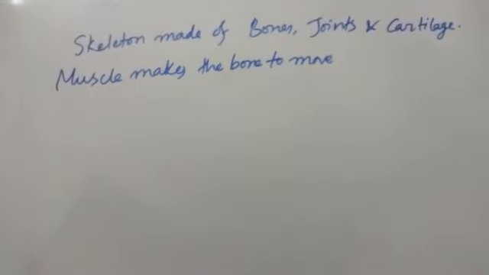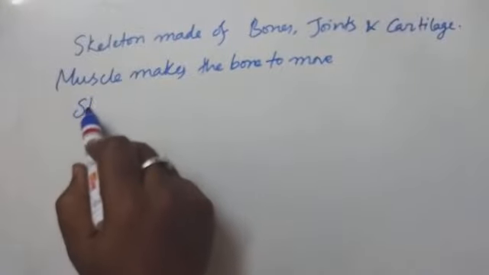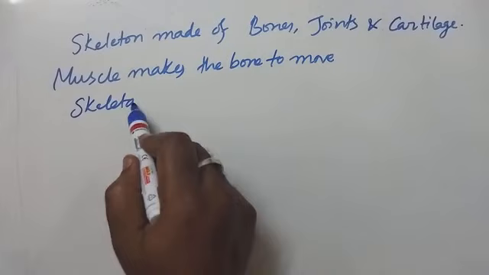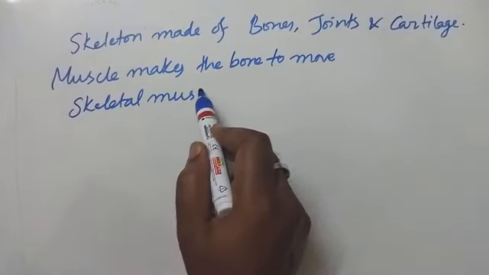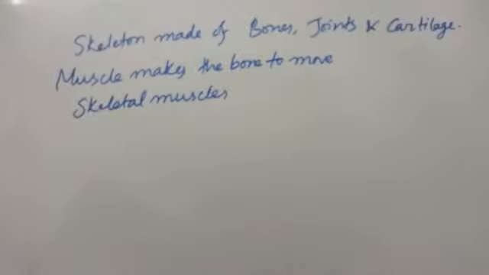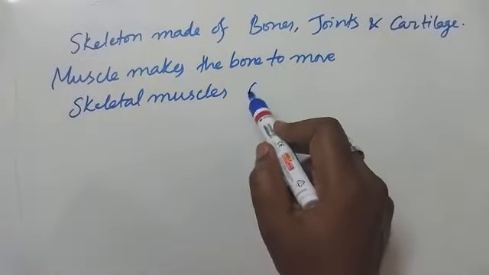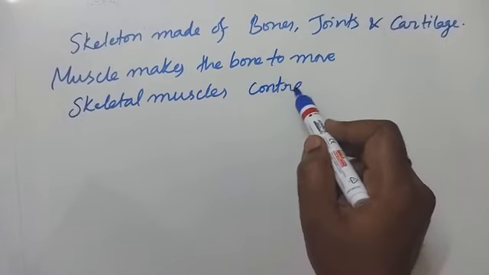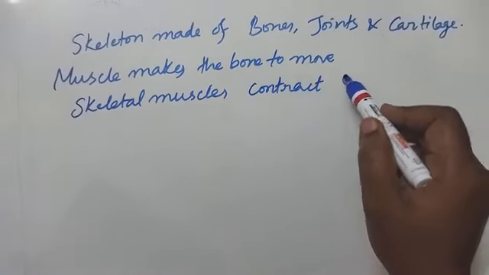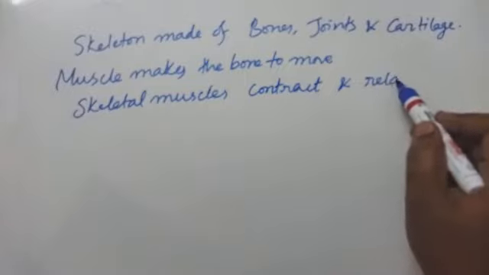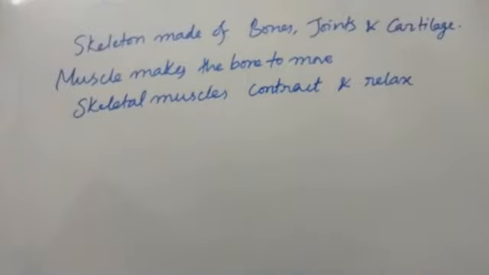Our skeleton is attached with which muscles? Skeletal muscles. What is the major property of the muscles that makes the bones move? Contraction and relaxation. Skeletal muscles contract and relax. What is contraction?